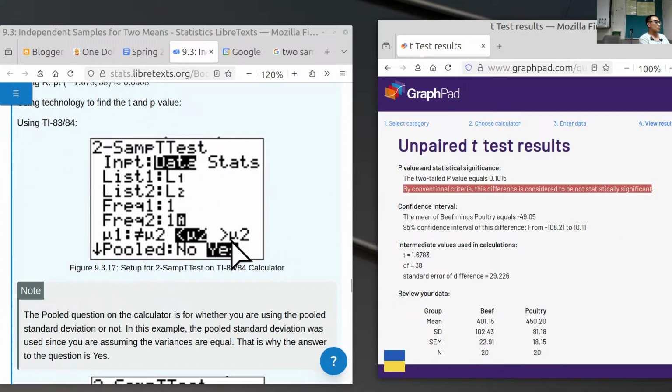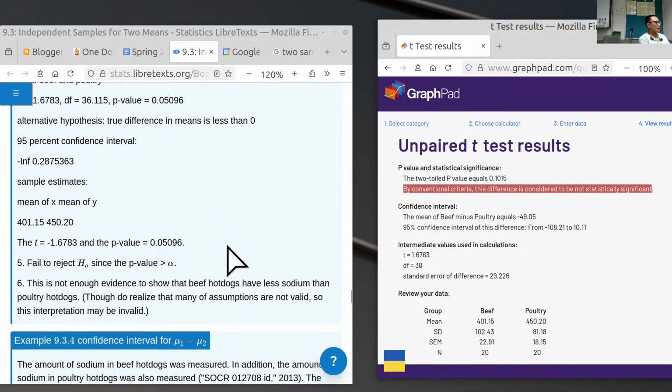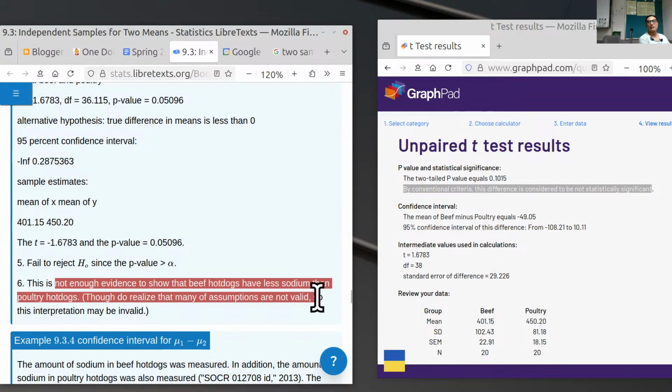In other words, there is not enough evidence to show the sodium level in beef hot dogs is less than poultry hot dogs. We cannot say they are the same, but we have no evidence to reject it. It means no difference.